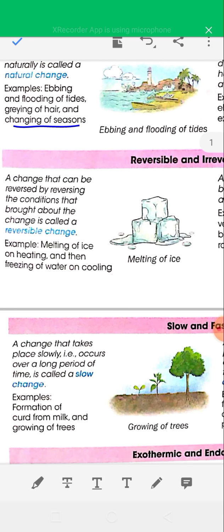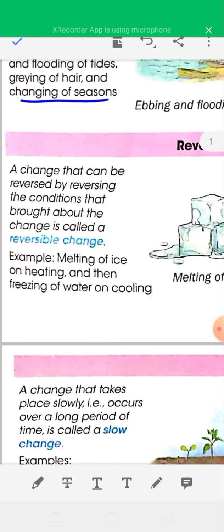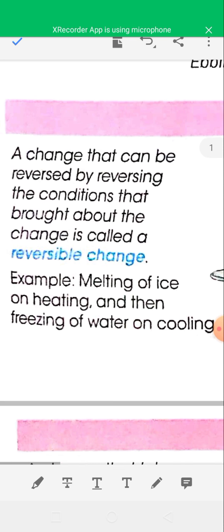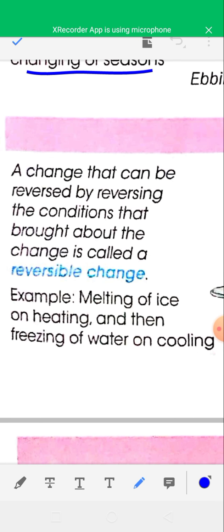Next type of change, reversible and irreversible change. What are these reversible changes? A change that can be reversed by reversing the conditions that brought about the change is called reversible change.